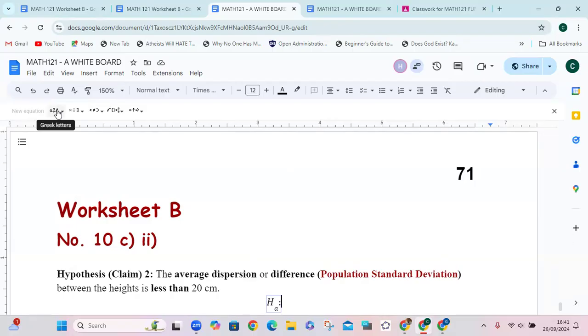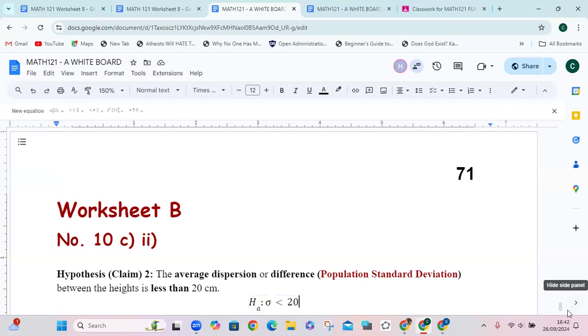You have uppercase sigma for sum, that's to add, and lowercase sigma for population standard deviation. Here it is. And by now you can appreciate why I put the Greek alphabet, to facilitate the translation of words to symbols. So the population standard deviation is less than 20. This is the symbolic translation of the claim.